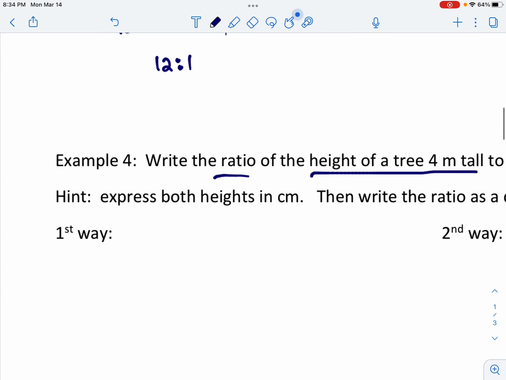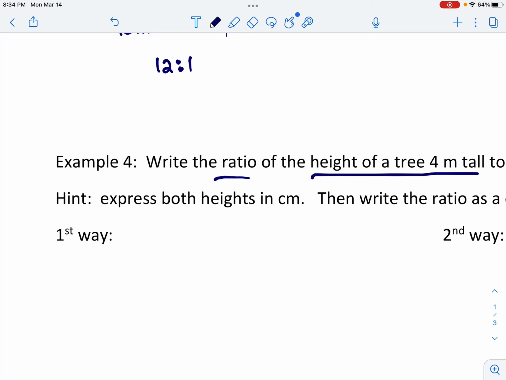So looking at the first way, I have 4 meters over 50 centimeters. If we know anything about meters to centimeters, we can multiply the meters times 100 to equal the centimeters. So there's 100 centimeters in a meter.